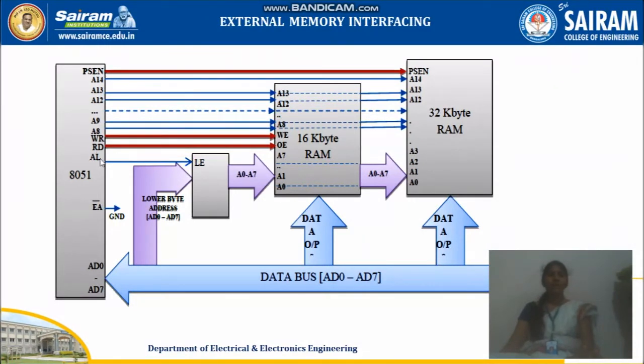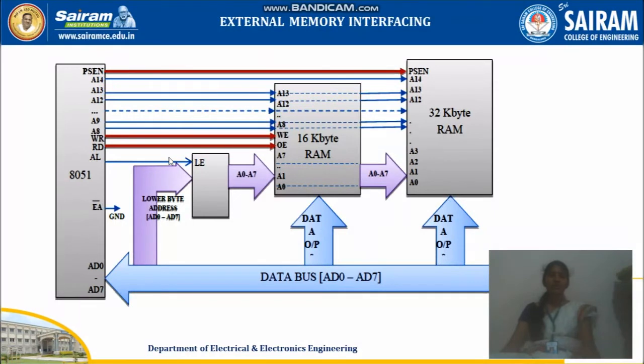Next, A8 to A15. A8 to A15 is nothing but your higher bit address bus, that is nothing but port 2. And lower bit address bus can be taken from port 0. Port 0 is a multiplexed address bus and data bus. From this multiplexed address bus and data bus, it is possible for us to latch your address alone by using your address latch enable.